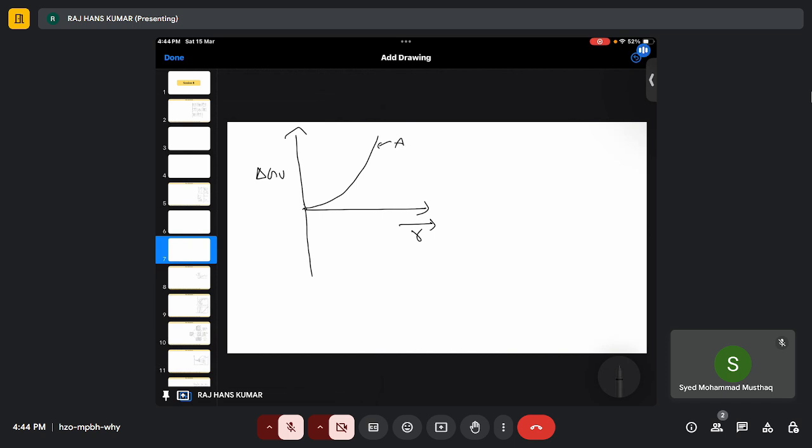Now what about my volume term? The volume term will go like this. Initially the area term will dominate, so the summation will look like this. And this is my r star. This r star 1 is for homogeneous nucleation.